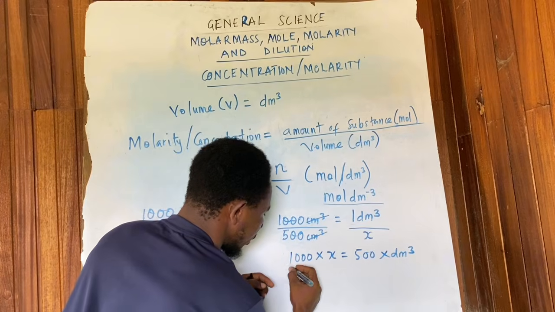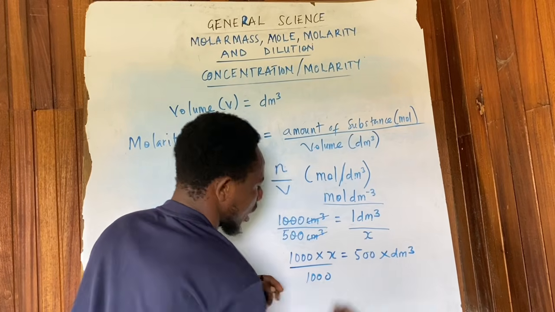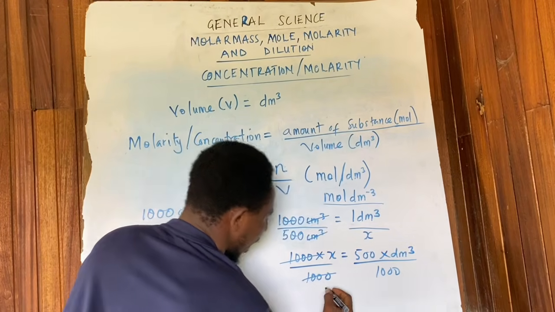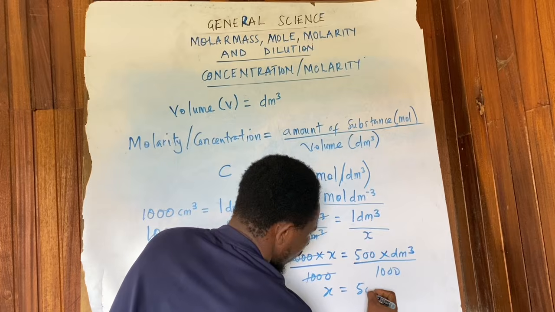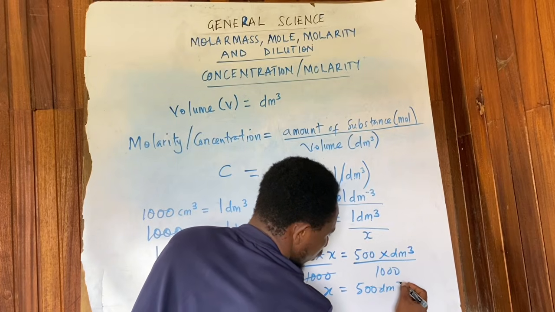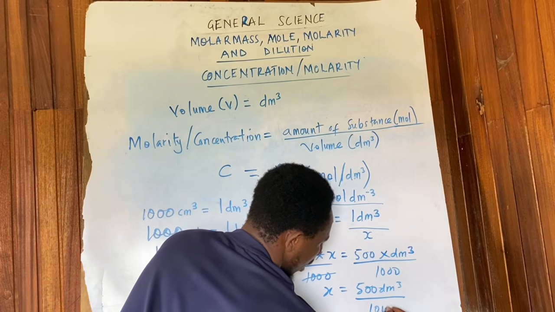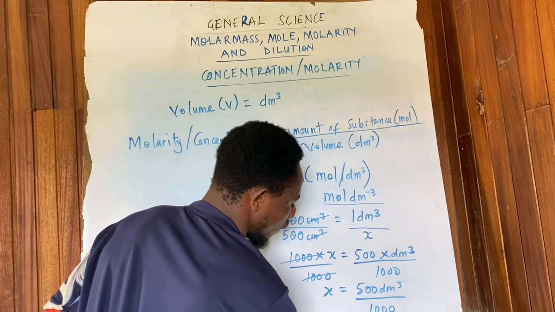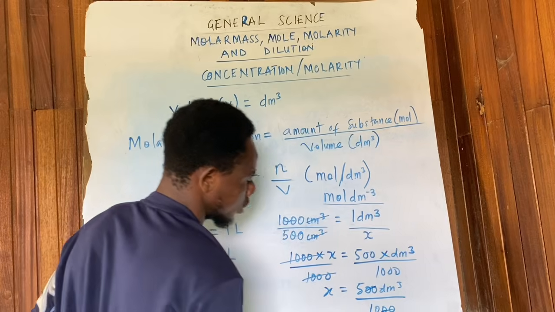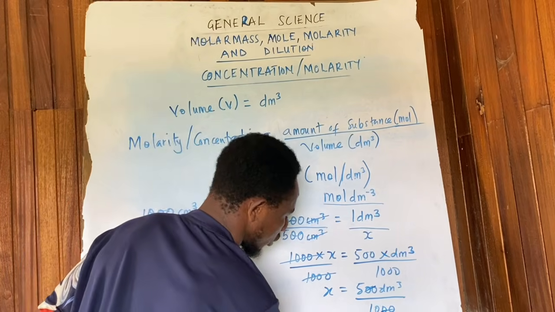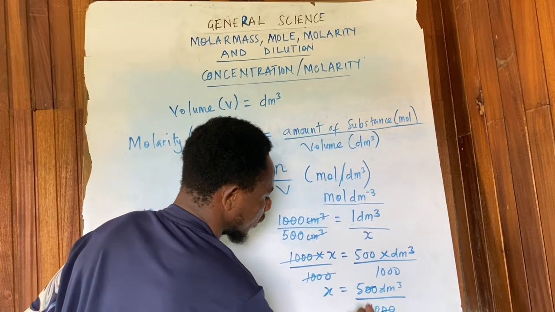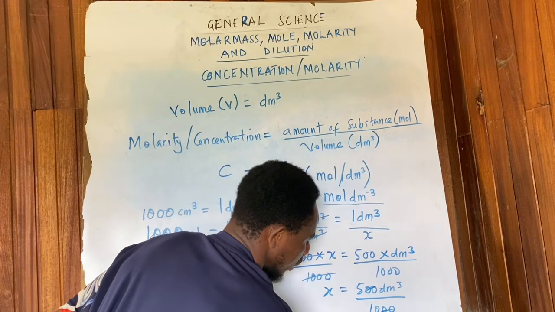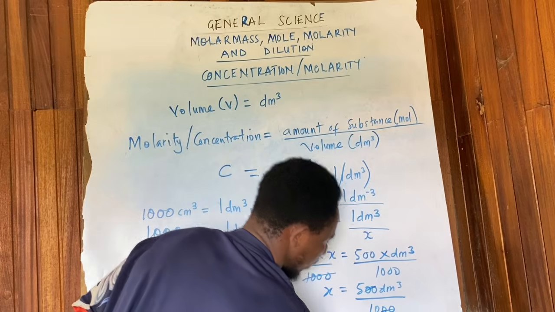So I'll have to divide by 1000. So this one will get rid of this. Then my x will be equals to 500 dm cube over 1000, like this. So if I punch 500 over 1000, or you can just use your mind. So 500 on 1000, I'm going to get 0.5 dm cube, like this.